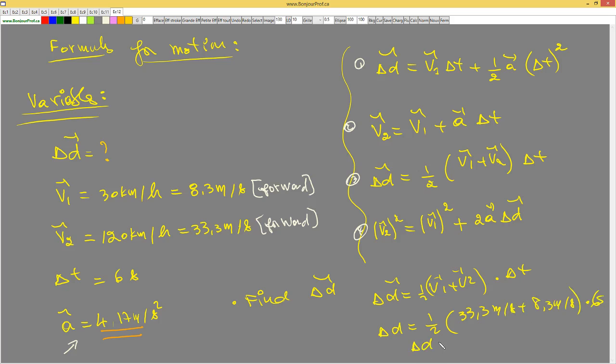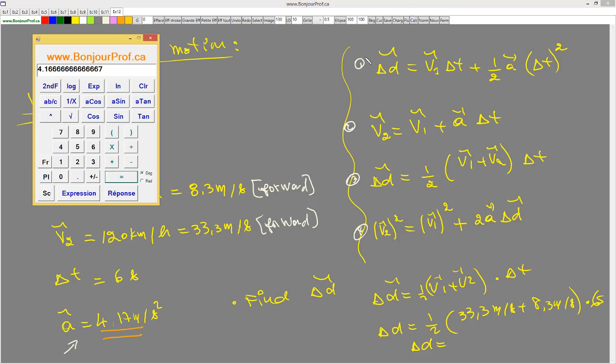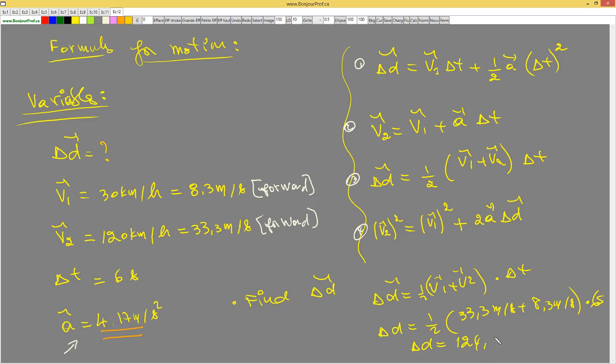I'm going to calculate it rapidly here: 0.5 times 33.3 plus 8.3 times 6. It gives me 124.8 meters.